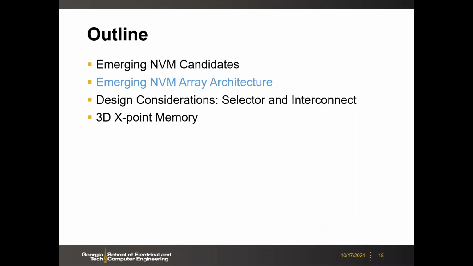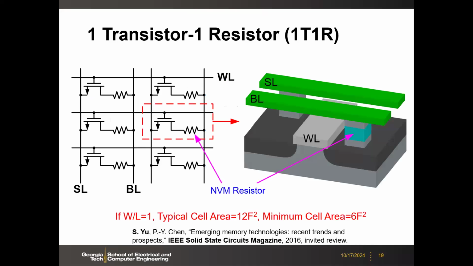Okay, so then we have like 2 minutes left, but we can start here. Some technical discussion on the array architecture. So first one is 1T1R. So this is how you integrate this resistor-based device, because many of those emerging memories, right, you see earlier, it's like a resistor, two terminal devices, where you can change the resistance, right?